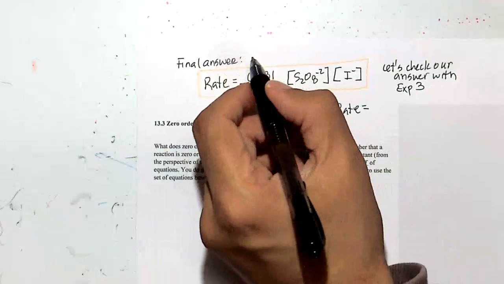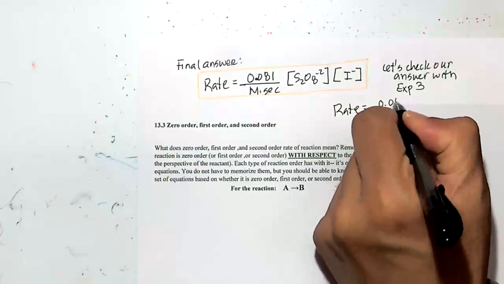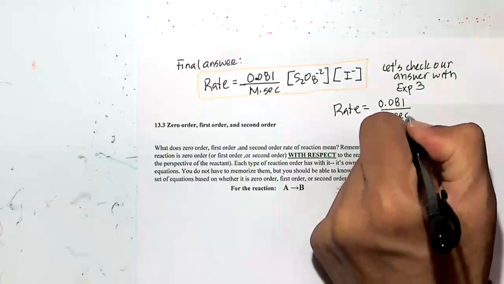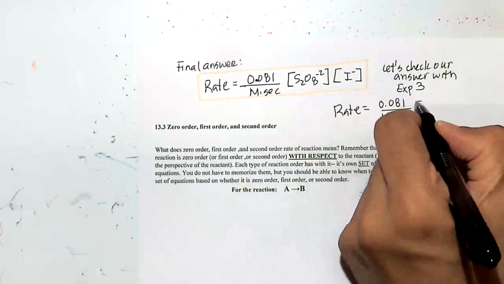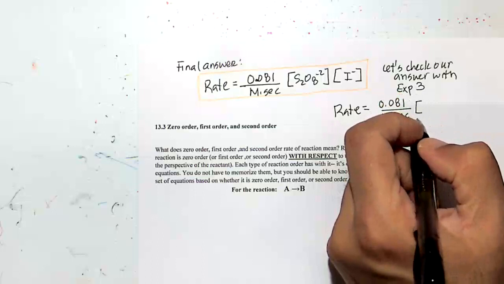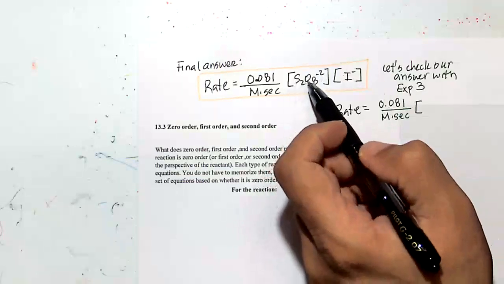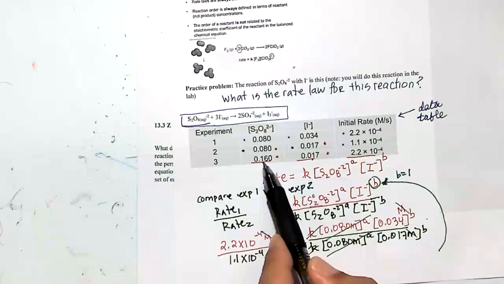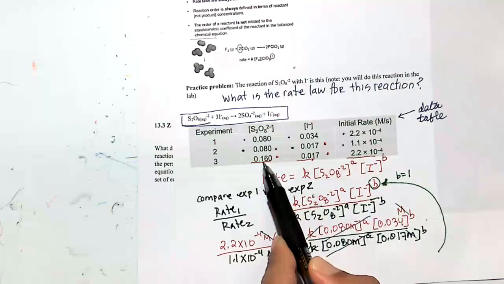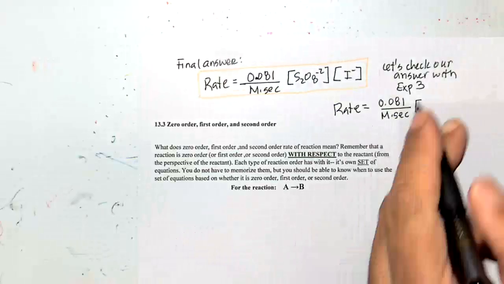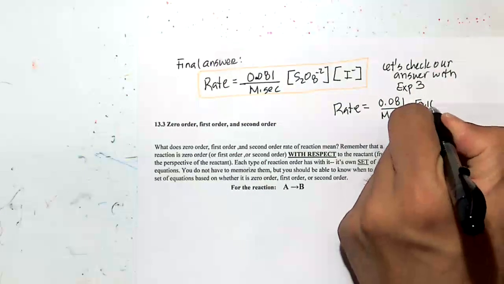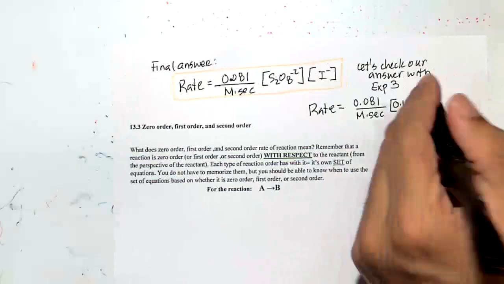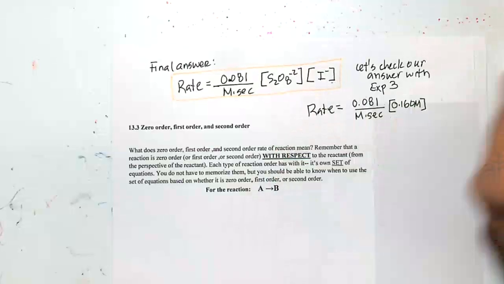Rate is equal to K. The rate constant for this reaction is 0.081 inverse seconds inverse molar. What's the concentration of S2O8 minus 2 for experiment 3? Raised to what power? What is A? 1. Good. And then I minus.